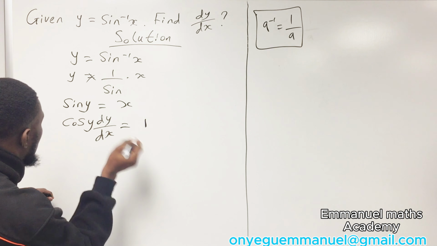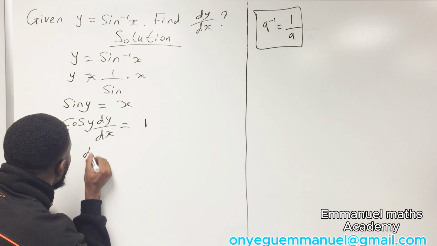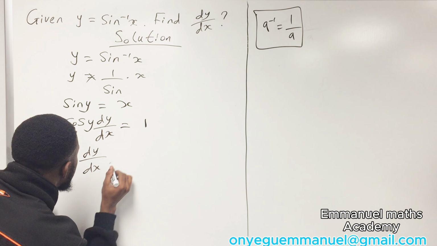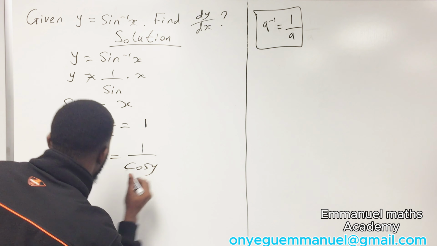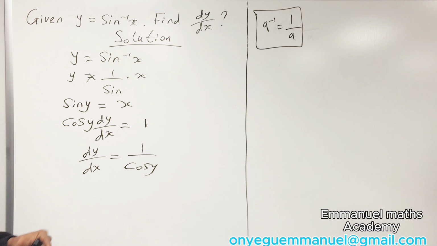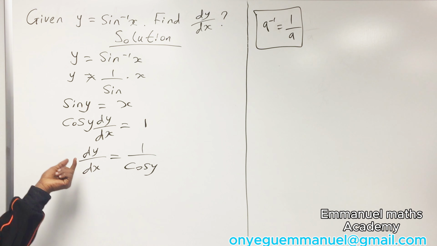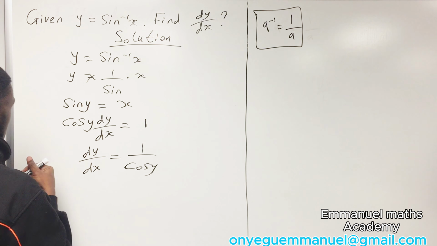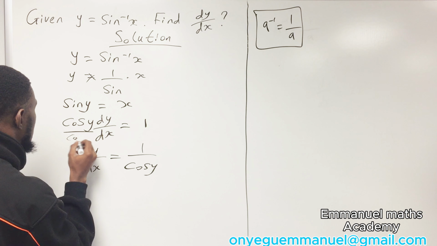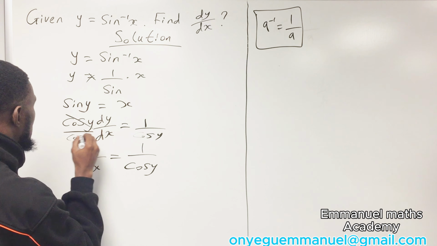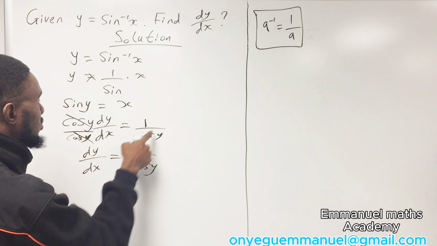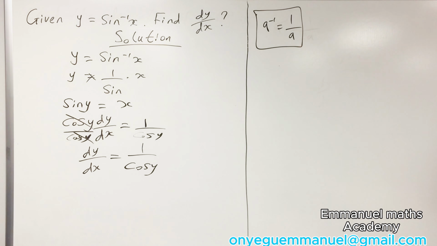Then you cross multiply again, you have dy/dx equal to 1 over cos y. You can just say dividing both sides by the coefficient of dy/dx, which is cos y. This will cancel this. You now have dy/dx equal to 1 over cos y, right?